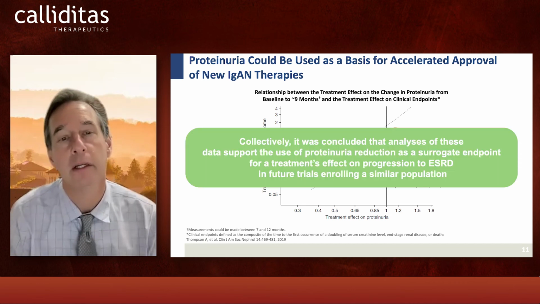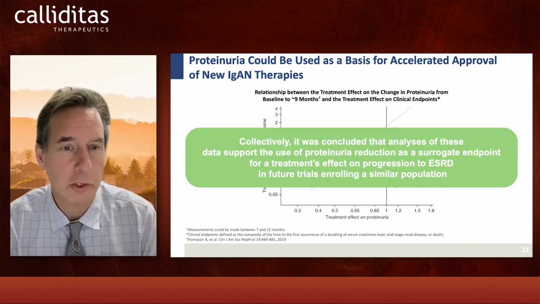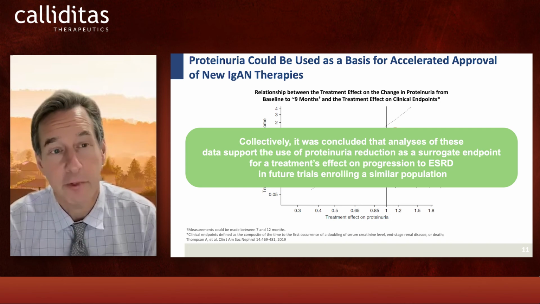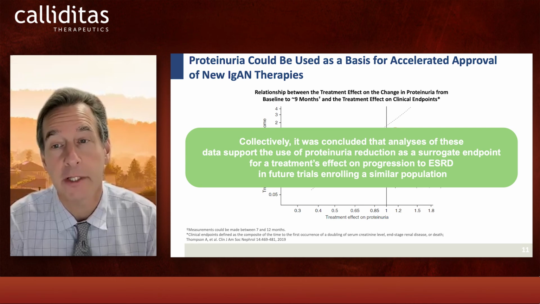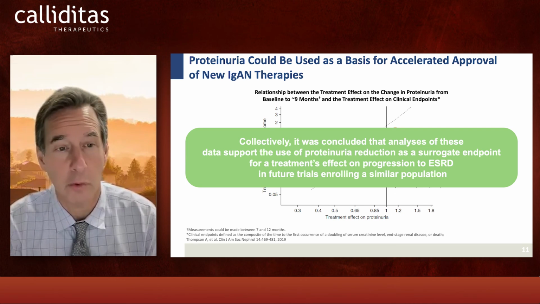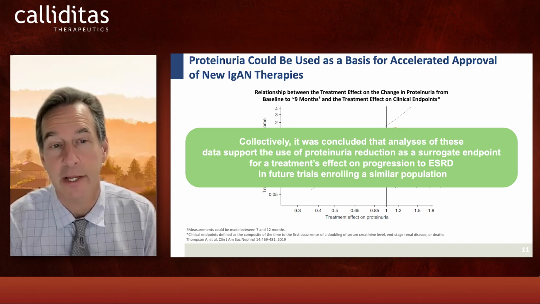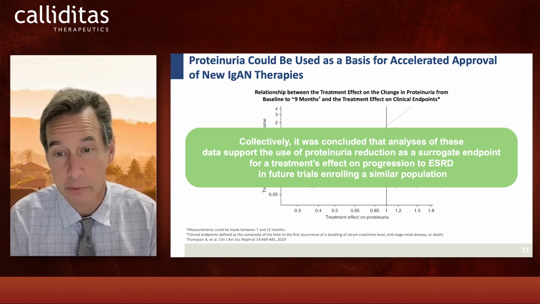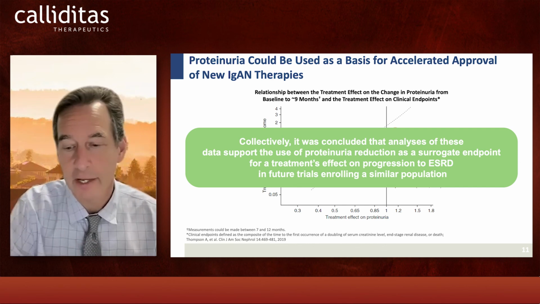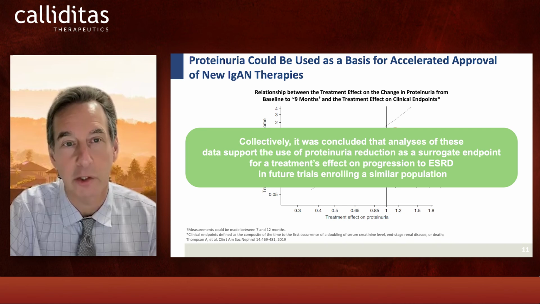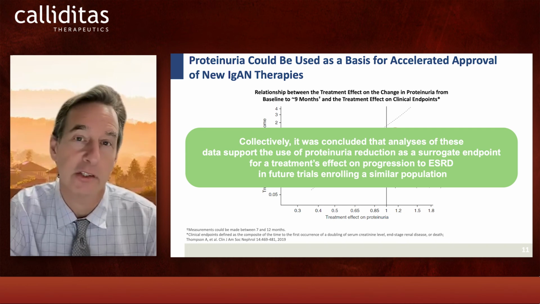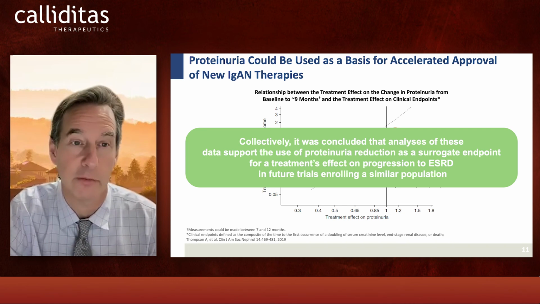And indeed, after multiple special groups got together and the FDA in the United States was involved, collectively it was concluded that analysis of the data overall support the use of proteinuria reduction as a surrogate endpoint for a treatment's effect on progression to end-stage kidney disease, and that the FDA would evaluate this and utilize this as a surrogate endpoint for accelerated approval.